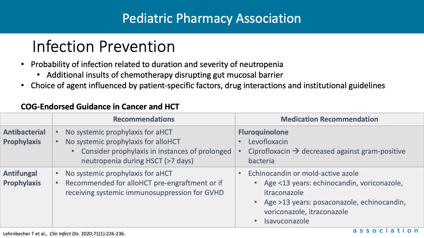The Children's Oncology Group guidance in cancer and transplant recommendations for antimicrobial and antifungal prophylaxis are presented here on this slide. So for antibacterial prophylaxis, their recommendations are no systemic prophylaxis for autologous or allogeneic transplant.